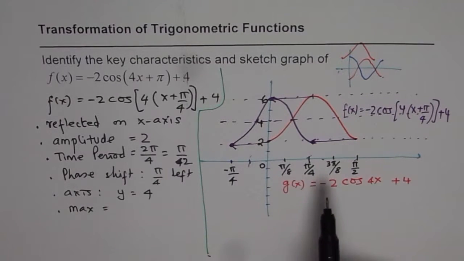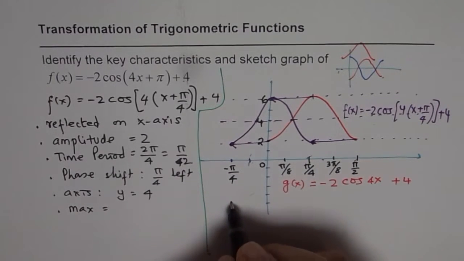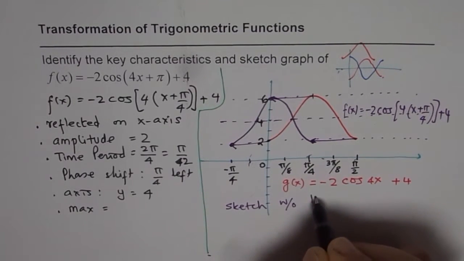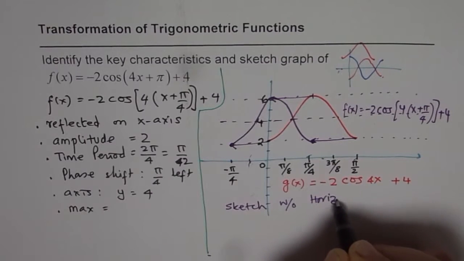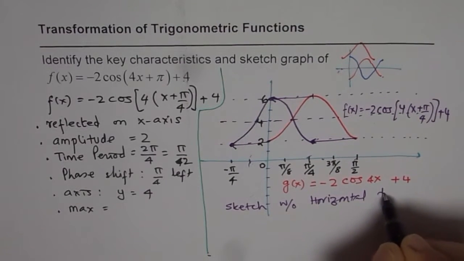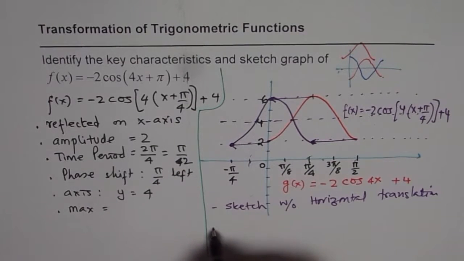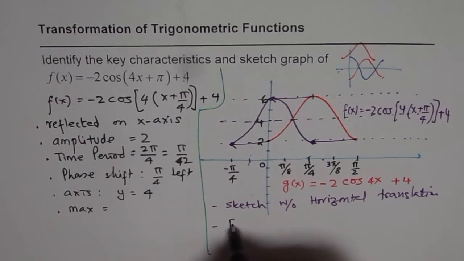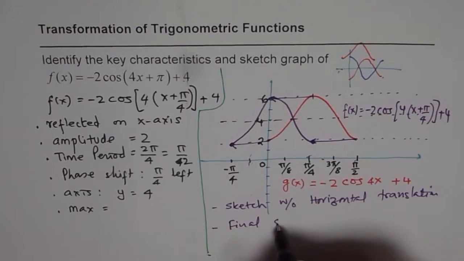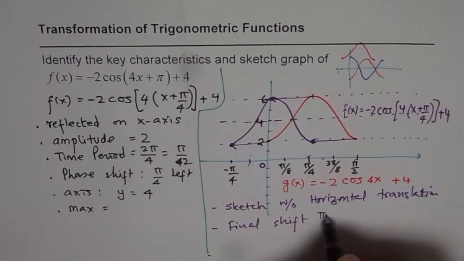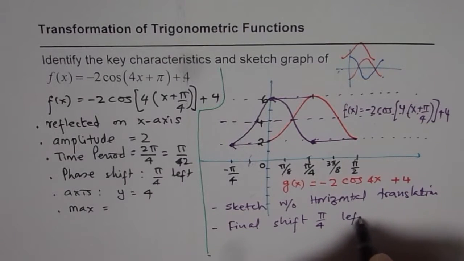So I'll recommend first sketch without horizontal translation. Do you understand? This is first. And then finally shift or translate horizontally pi by 4 left.